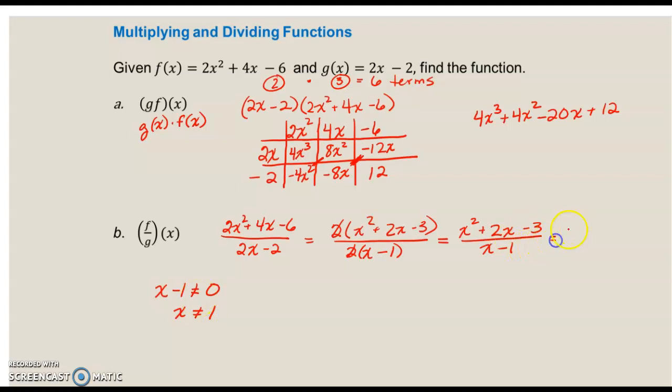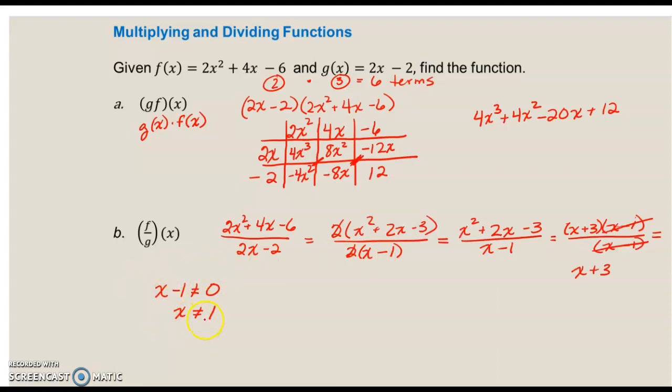We could factor these out further. I believe x plus 3 times x minus 1. So the x minus 1 will actually cancel out. So you have x plus 3. It, however, was originally involved in the problem. And so you cannot just throw it out and throw it away.